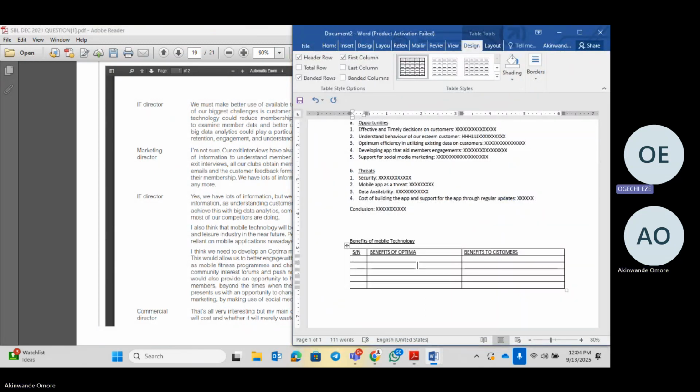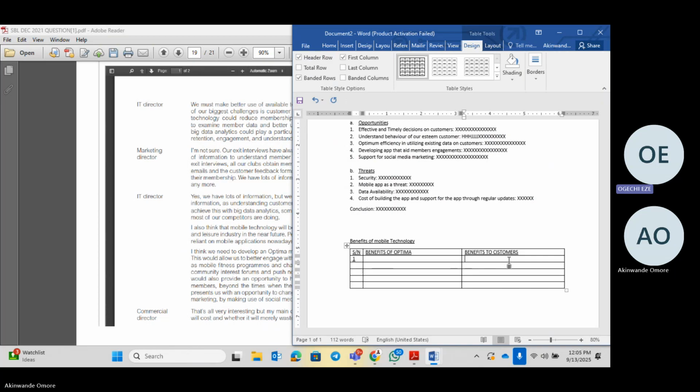For the customer, we already discussed, and it seems a little close to these opportunities. First of all, there is this two-way engagement. It facilitates two-way engagement between the company and members. What benefits can you see from the first line?